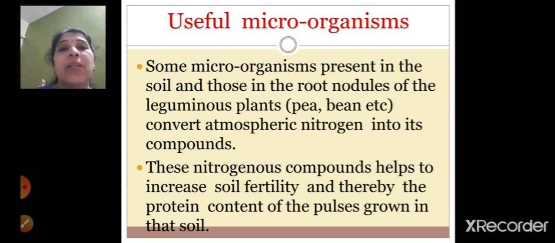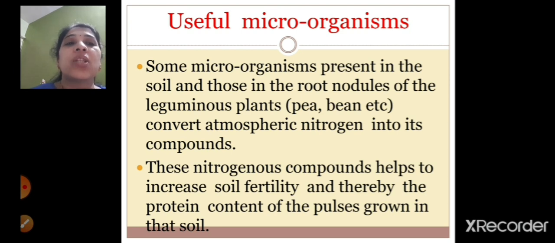So there is a bacteria called rhizobium, which is present in the leguminous plants, and it helps to convert this atmospheric nitrogen into compounds. Also in the soil, the azotobacter microorganism is present, and that also helps to convert the atmospheric nitrogen into compounds.